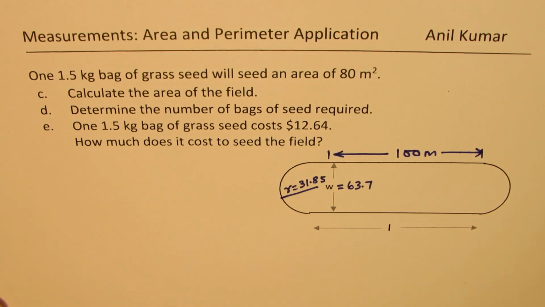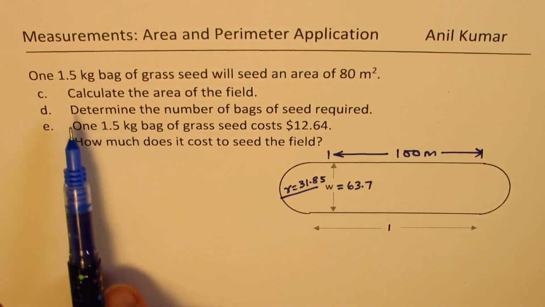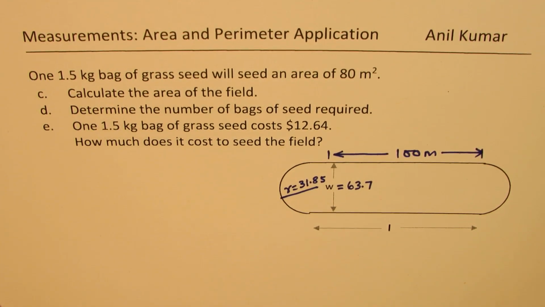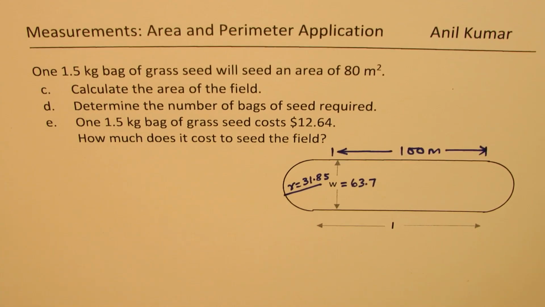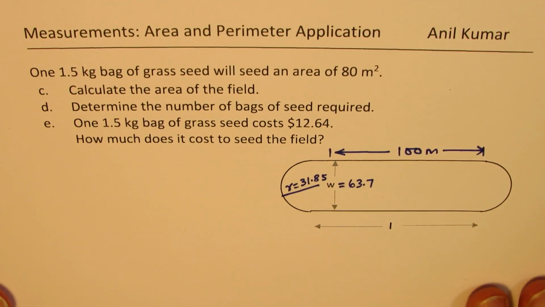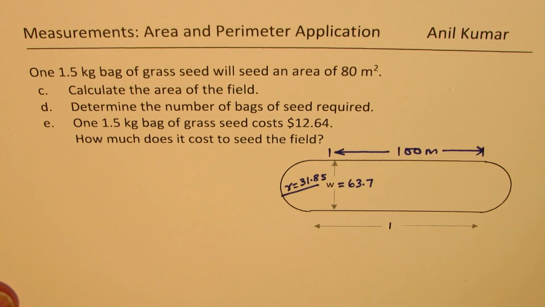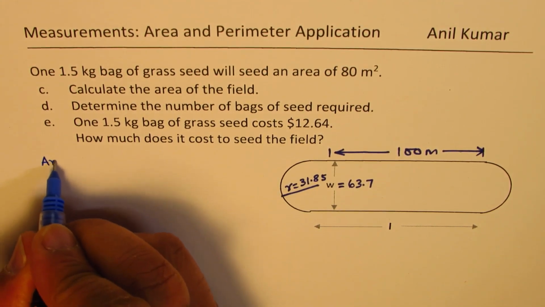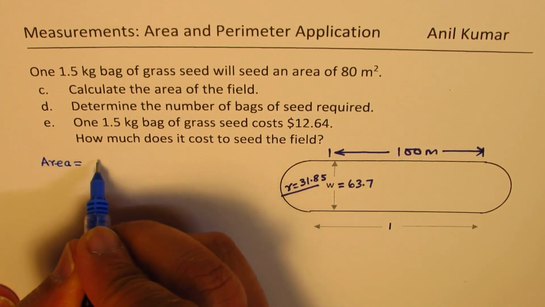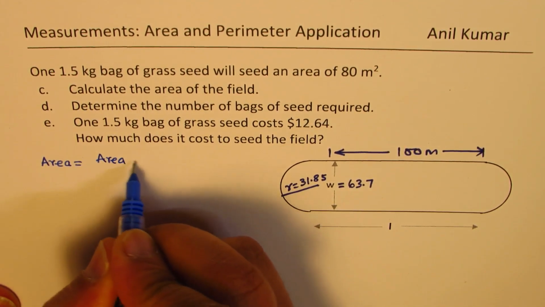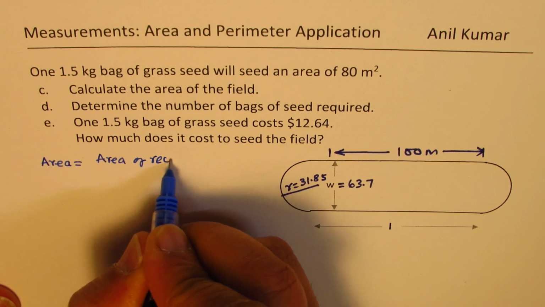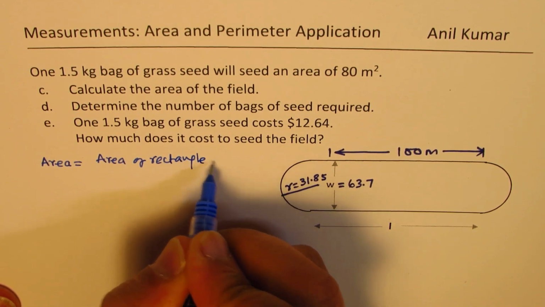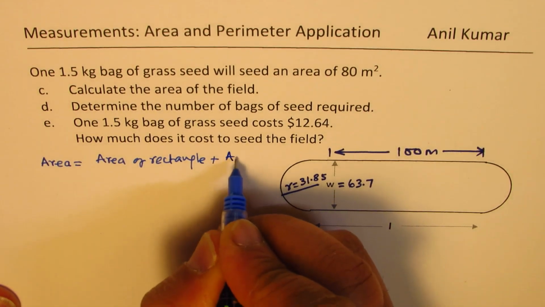So this is all we calculated already. Now let's calculate the area of the field. So the area of the field will be the area of the rectangle plus the area of a circle, right? So area equals area of rectangle plus area of circle.